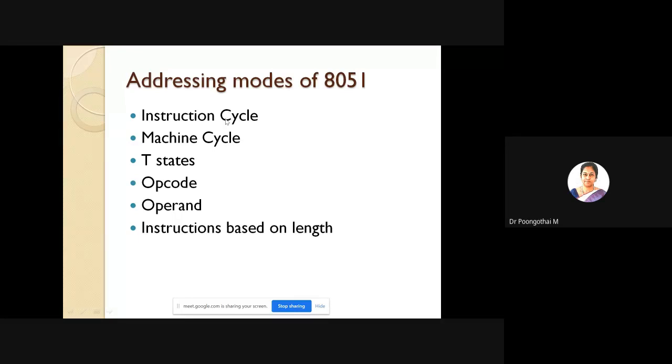So the definition of instruction cycle is the time required for the processor to fetch all the required parts of the instruction and execute that instruction. It is the time required for the microcontroller to fetch all the required parts of an instruction and execute that instruction.